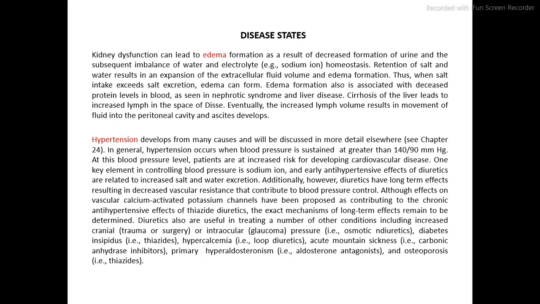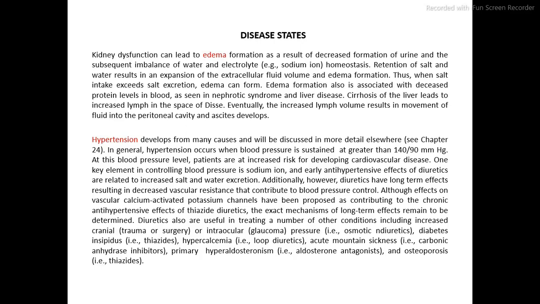Kidney dysfunction leads to edema formation, as a result of decreased formation of urine and subsequent imbalance of water and electrolyte homeostasis. Also, retention of salt and water results in edema formation, because the kidney is not working.